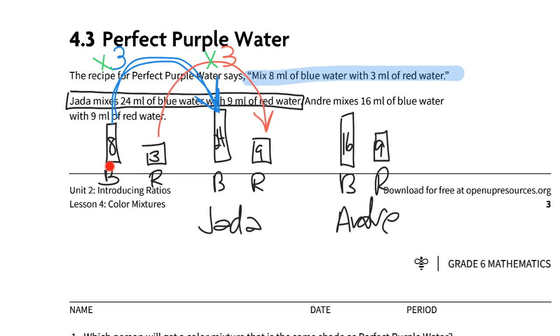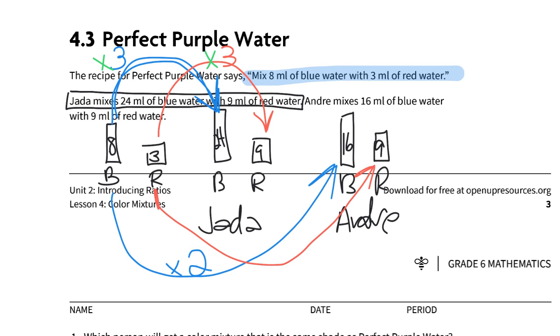She took the original recipe, which was 8 to 3. She tripled the 8 to get 24. She tripled the 3 to get 9. So Jada looks like hers is going to be the exact same as the perfect purple. But let's take a look at Andre just to be sure. So Andre, when we look at Andre, he took that original 8 and he doubled it. That's how he got the 16. But then he took that 3 of the red, he turned it into a 9 by tripling it.